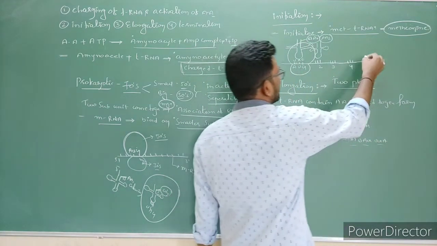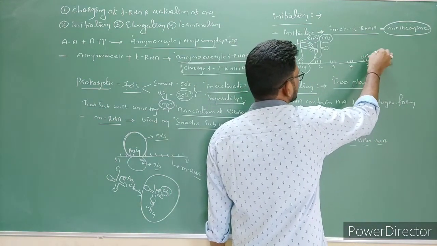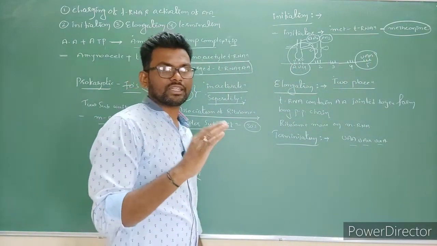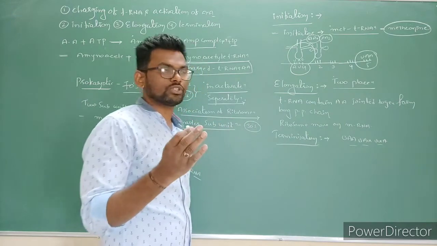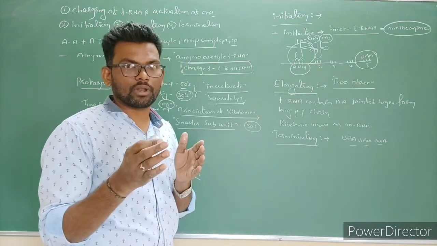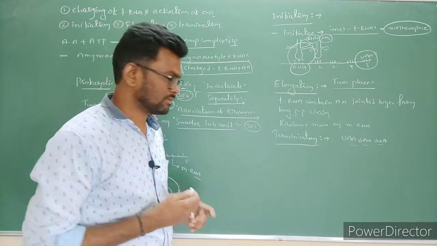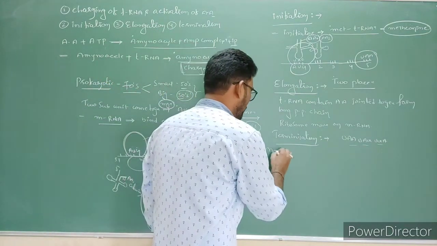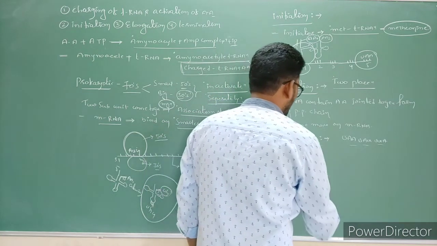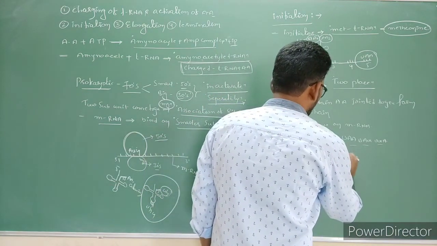For example, if UAA came, for UAA there is no special tRNA, so no tRNA is going to bind on such a codon, so elongation is stopped. That is nothing but termination. So there is no tRNA for stop codons.